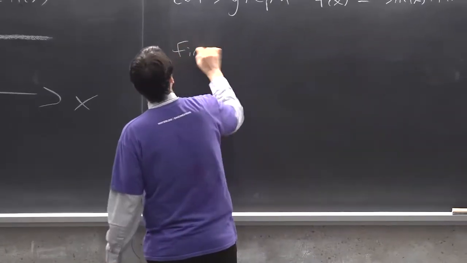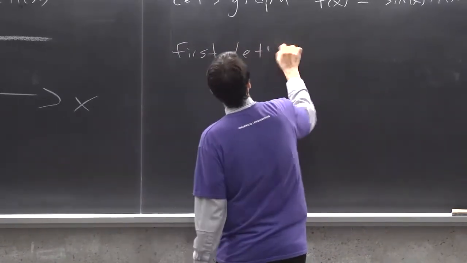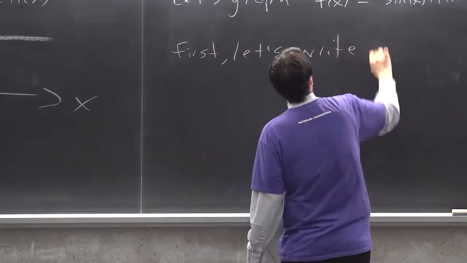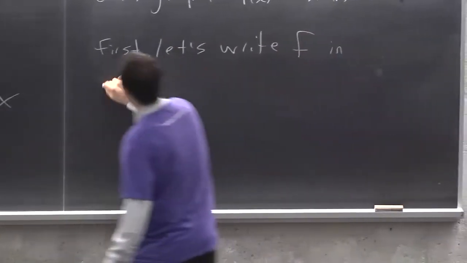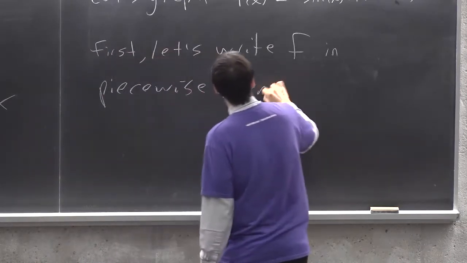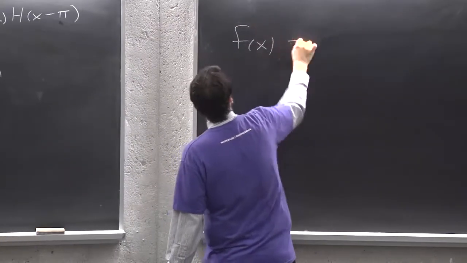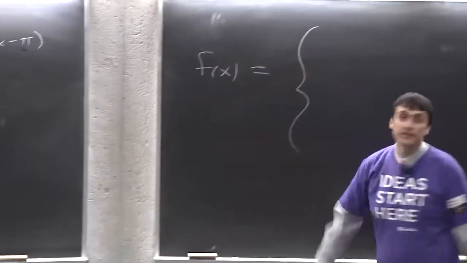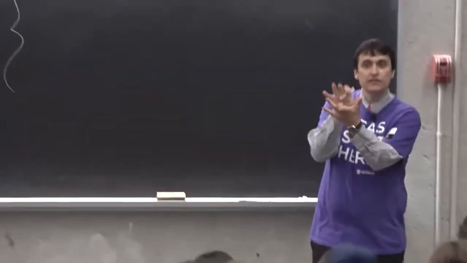But first, let's write f in piecewise form. So f of x equals, there's two pieces to this because there's a single h function.